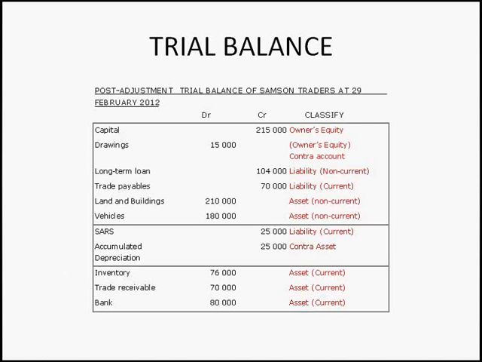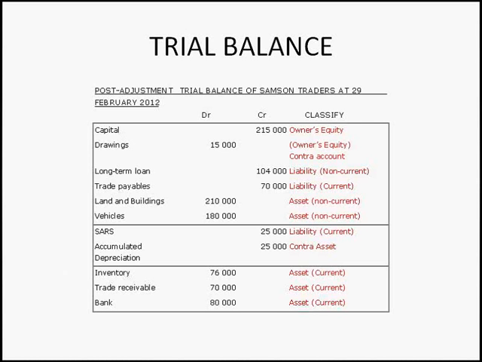For each of these, we have to go and classify what they are. It just makes it easier when we then have to do the entries into the financial statements to decide where to put them. Okay, so let's go down the list and classify each of those accounts in terms of the elements of the accounting equation.